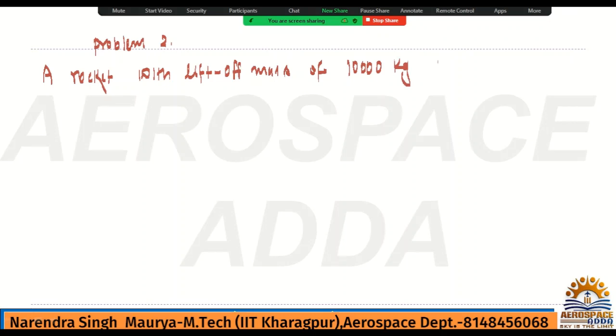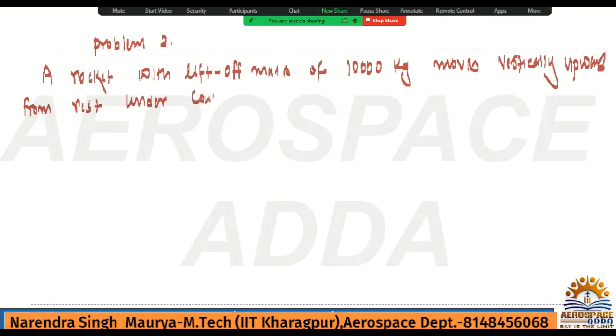It moves vertically upward from rest under constant g, gravitational acceleration, and it is given as 9.81 meter per second square.